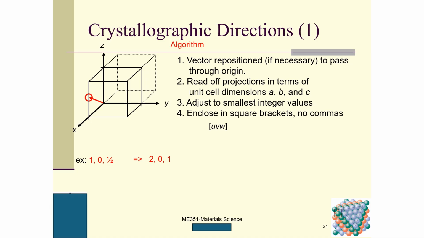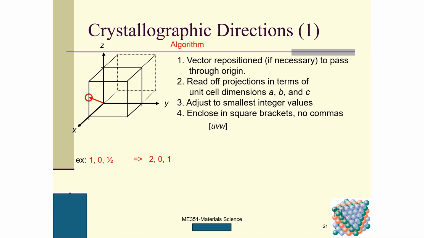So here is the origin. Read off projections in terms of unit cell dimensions A, B, C. Adjust to smallest integer values. Enclose in square brackets, no commas.